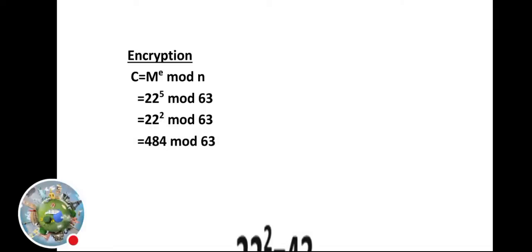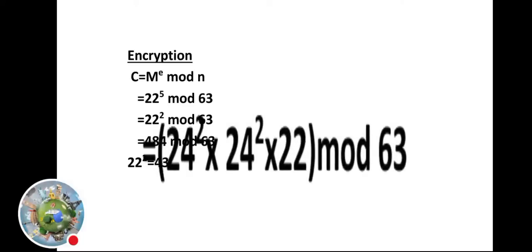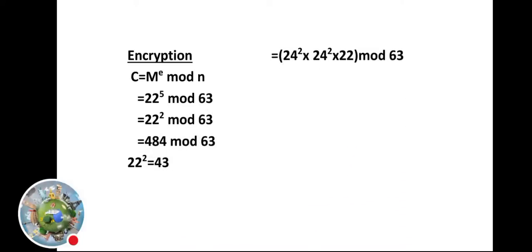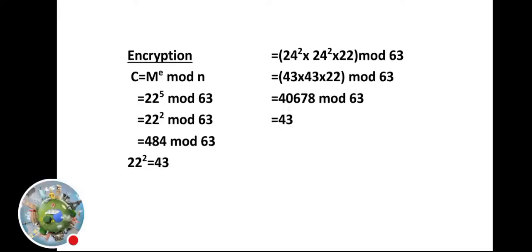Now you can find the square, the answer is 43. So that one we can divide like this. So the answer will be 43. The ciphertext is 43.